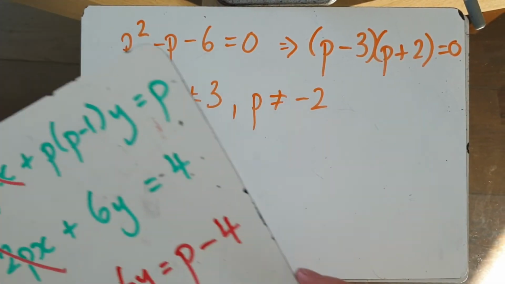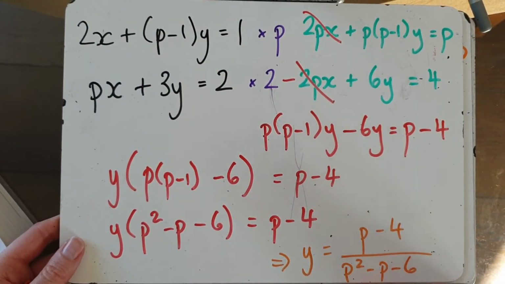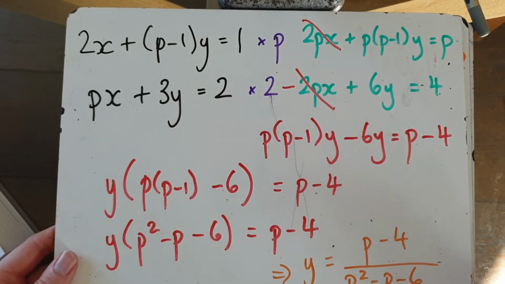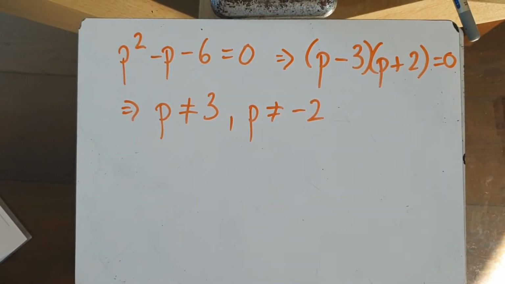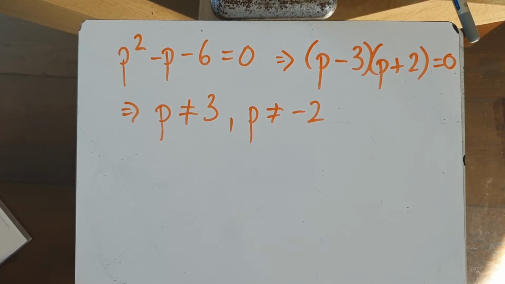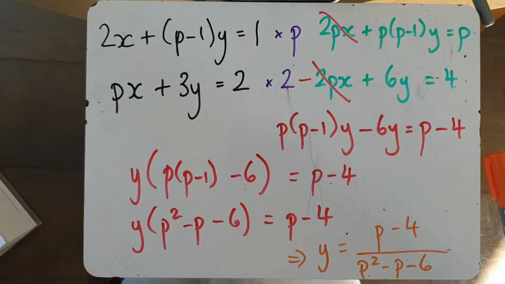And if this is 0, then we end up with the denominator of y being 0, which means it can't exist. And we're after unique solutions. So p cannot equal 3 and p cannot equal negative 2. Other than that, p can equal anything.